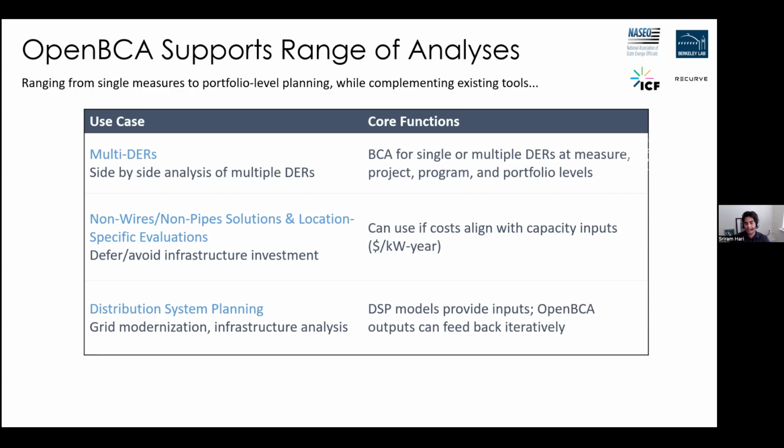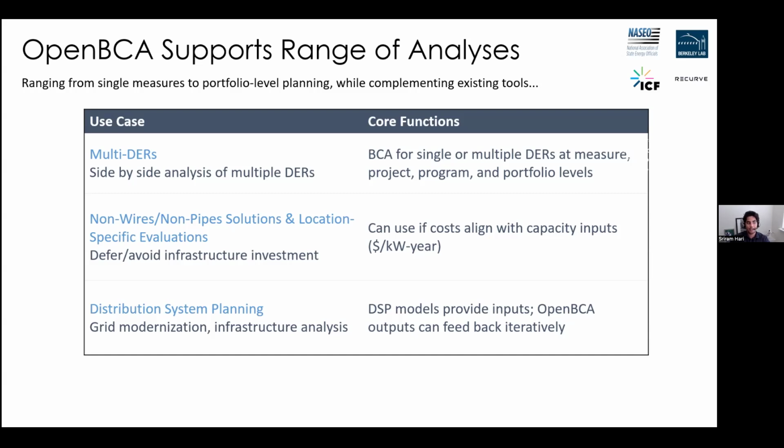If you have a certain non-wire alternative or an NPA solution that requires a fixed analysis that is really locationally dependent, if you have avoided costs that align with that use case, OpenBCA can calculate the cost benefit analysis of those types of pilots.